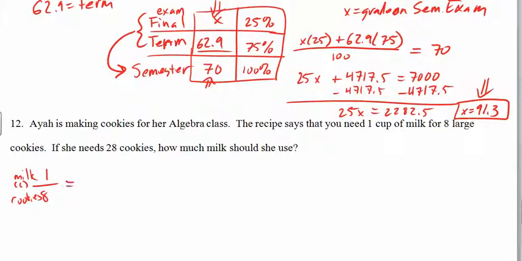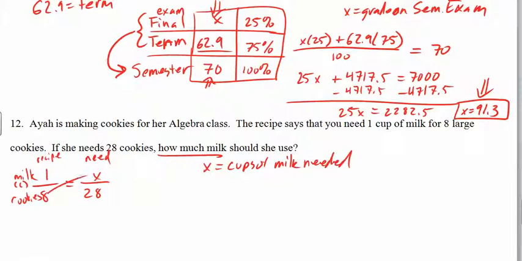So she needs 28 cookies. Okay, so I'm going to put that on the bottom because cookies need to stay consistent. So this is my original recipe. This is what we need. We need 28 cookies. And so therefore, X is how much milk, which is what the question is asking. Cups of milk needed.